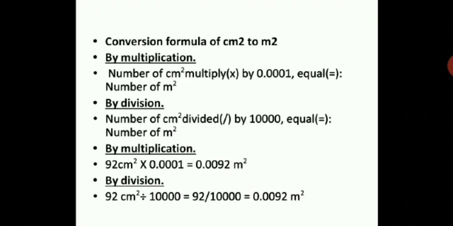So whether by multiplication with the factor 0.0001 or by division by 10,000, both ways you will get the right answer. Any one you can choose, and you can do it in the exam or in your book. Right now you can take down both by multiplication and by division.